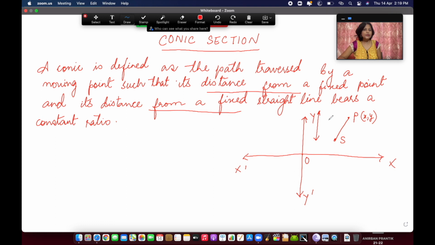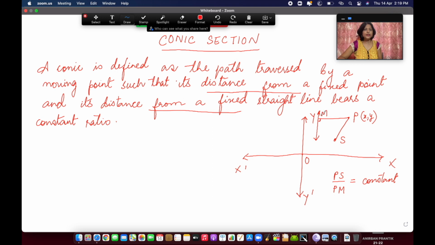Now from this straight line, the distance of P, that is the perpendicular distance of P from this straight line, suppose PM. If the ratio of these two lengths, that is PS by PM, is constant, then we obtain a conic section. So conic section is basically a curve.